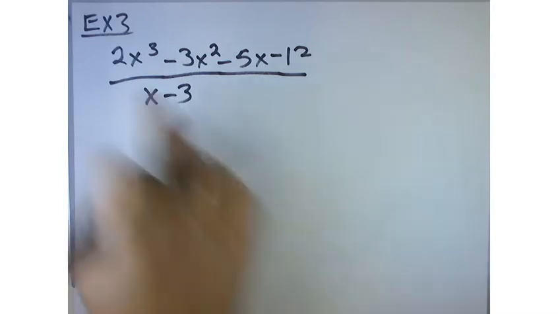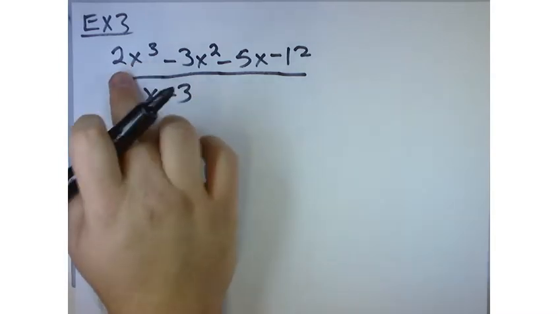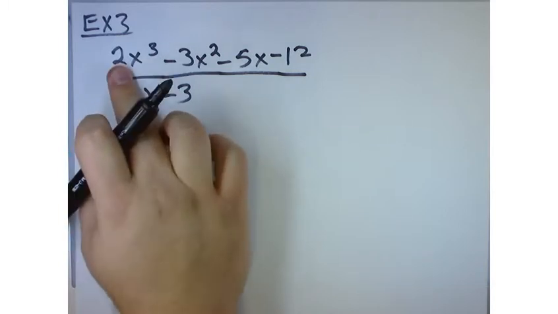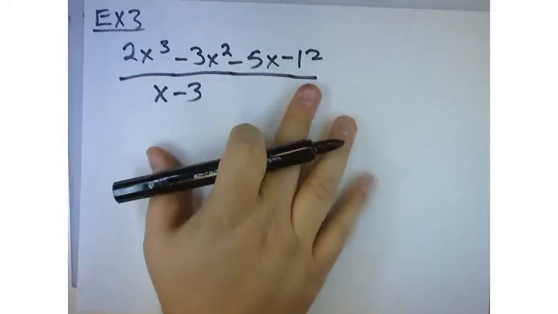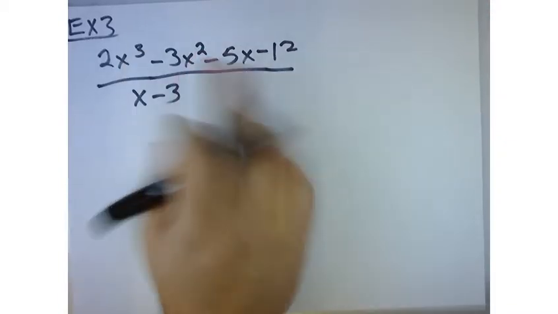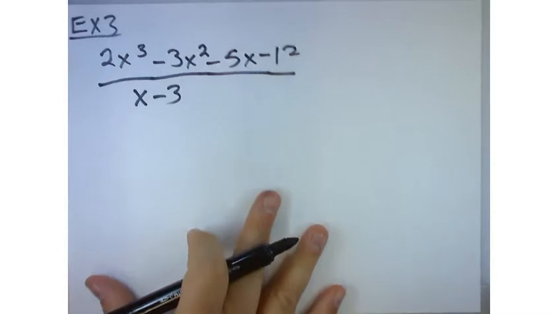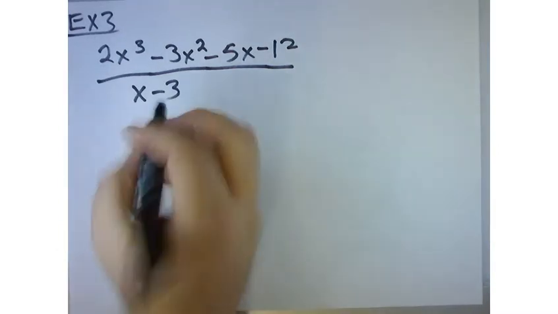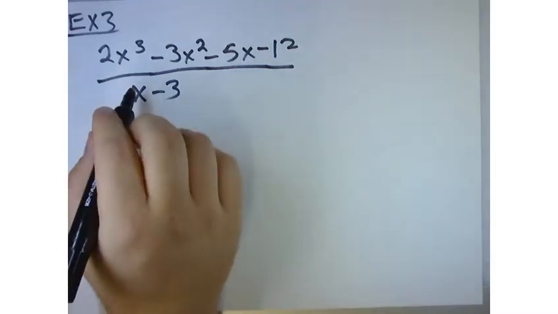Now what I want you to do is look at this term here, the numerator. Is every power of x represented? We have x to the third, x to the second, x to the first, and then our constant. Now, this is just like the remainder theorem.